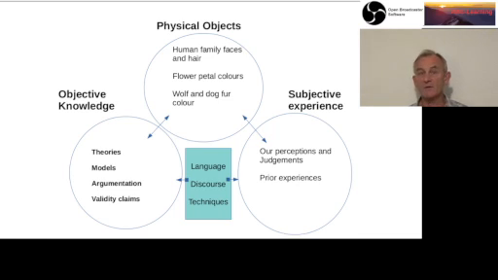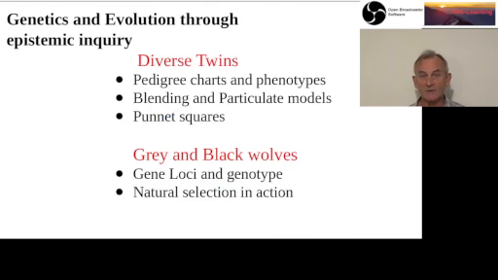We'll look at the issues that Mendel wrestled with about the widely held belief that offspring are a blending of characteristics of their parents, and so a blending theory of inheritance, as opposed to a particulate theory, which is what he moved towards. And we'll see how the development of models like Punnett squares and the idea of genotype was used to try to explain a lot of the observations of genetics.